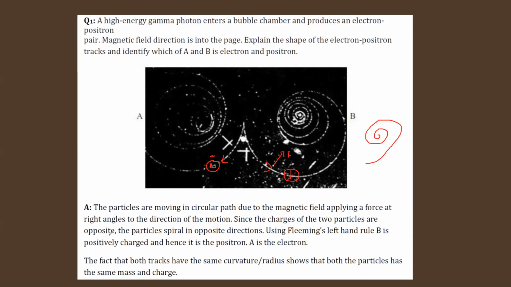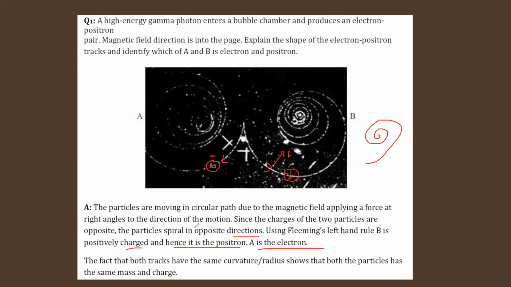The two particles are oppositely charged because their curvatures are different, in opposite directions. The particles spiral in opposite directions. That's the reason. Then using Fleming's left hand rule, B follows it, so B is positively charged and is a positron, and A is the electron.